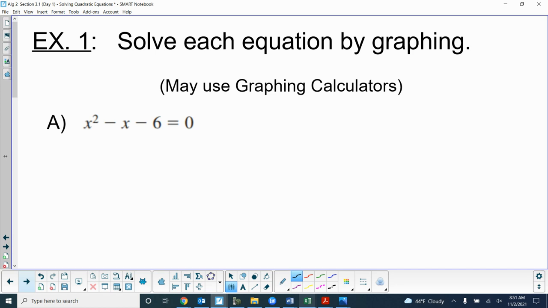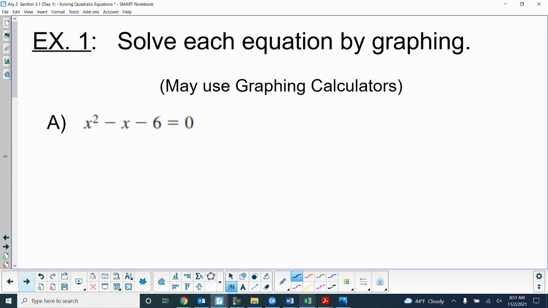Y equals. So hit your Y equals button, and then type that in. X squared minus X minus 6. Okay? And then hit graph.